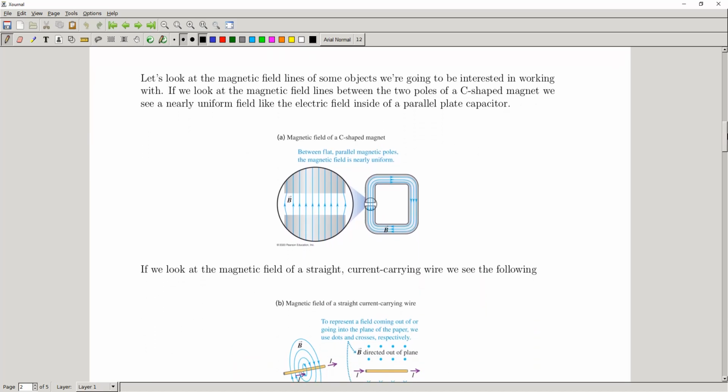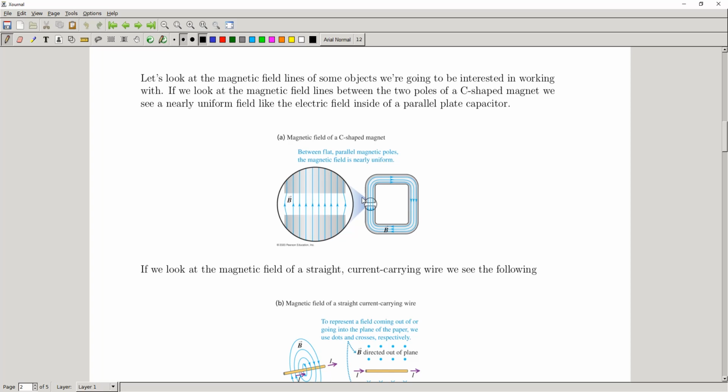Let's now take a look at the magnetic field lines for some objects that we're going to be interested in here. We're going to look at this case where we're looking at a C-shaped magnet first. You can envision that this is a C shape, and there's only a small gap in here, so it forms a really tight C. If we look at the magnetic field between the two poles, we're going to see that it's very nearly uniform, very much like we would see the electric field looking between the plates of a parallel plate capacitor.